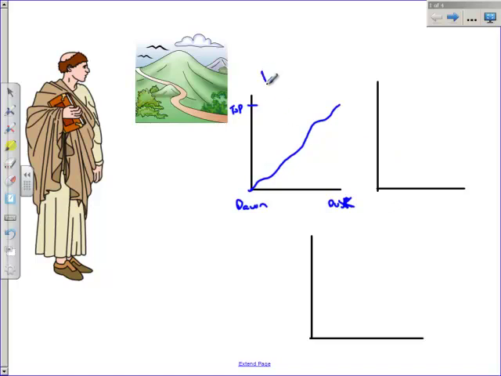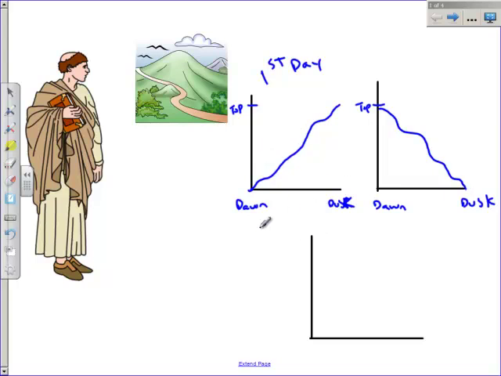So this was the first day. And then on the second day, he started at the top at dawn. Let me write dusk a little bit better over here. Okay, that's better. And he started at the top the next day, and then he just meandered down and arrived back at the bottom at dusk.